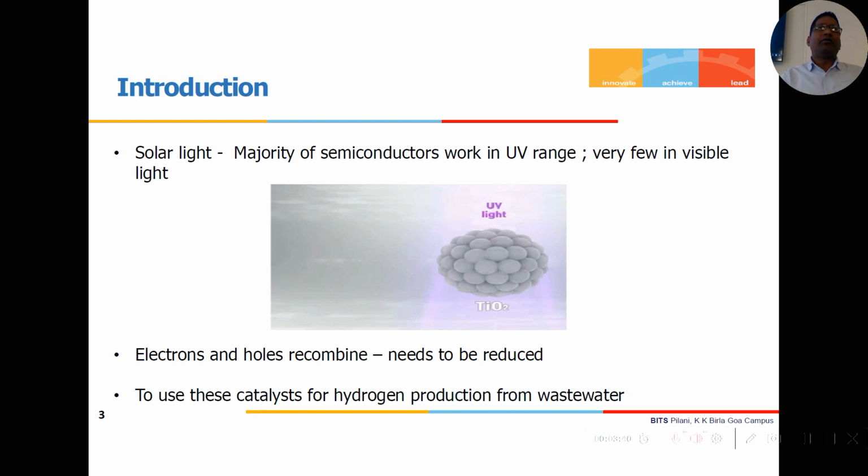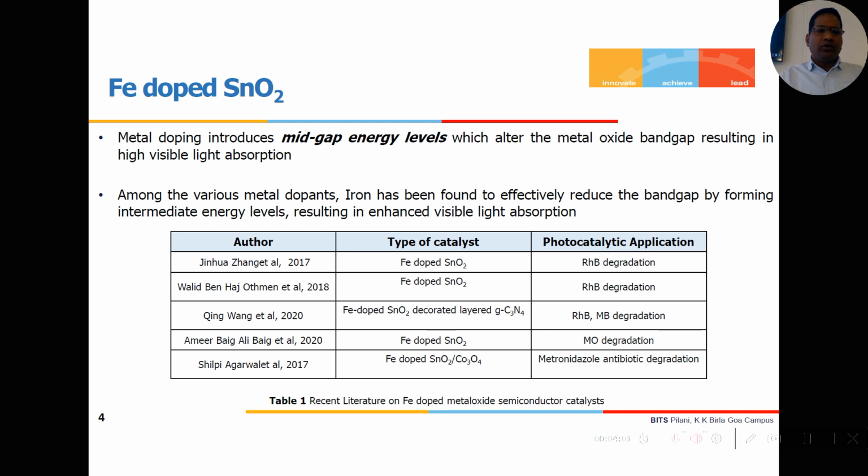So by changing the morphology and the characteristics of the metal, we can change the activity of the catalyst. The second one is electron and hole recombination, which we also try to address. And finally, we are trying to use the catalyst we prepared for the production of hydrogen by splitting water. So Fe-doped SnO2 is what we have used in this work.